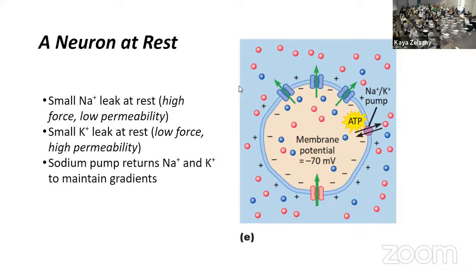So the leak isn't that big, which is still why we call it a leak, but we're down closer to that equilibrium potential, which is part of why that force is low, right? If we were way up in the positives, if we were at positive 60, which is where sodium wants to be, we'd have a low force for sodium and a really high force for potassium because we're so far away from its equilibrium potential. Okay. So this is why we need the sodium potassium pump to keep those concentrations going, keep those forces at their resting states, keep this moving until at rest.